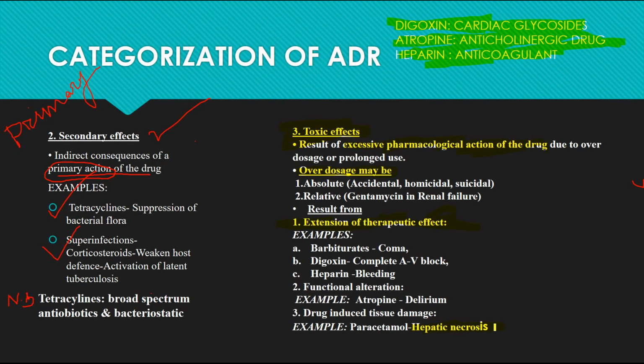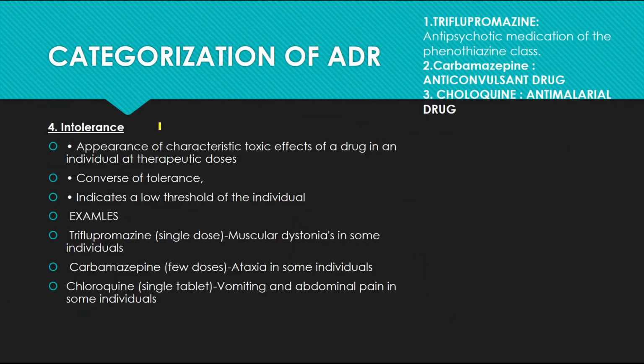Previously we had done it with side effects. Next we discussed secondary effect. Next is the toxic effect. Now the fourth point that we are discussing is intolerance. So now the categorization of ADR is done on the basis of intolerance. Here, what is being said is the appearance of a characteristic toxic effect.